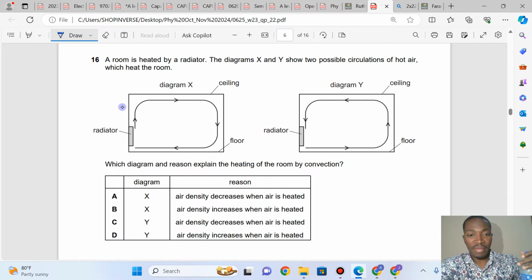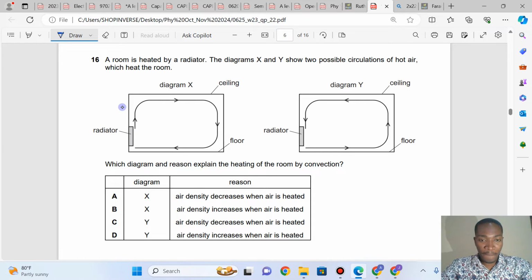Which diagram and reason explain the heating of the room by convection?